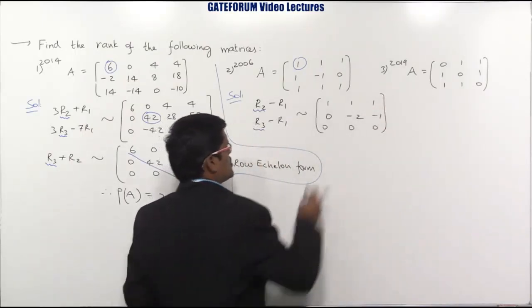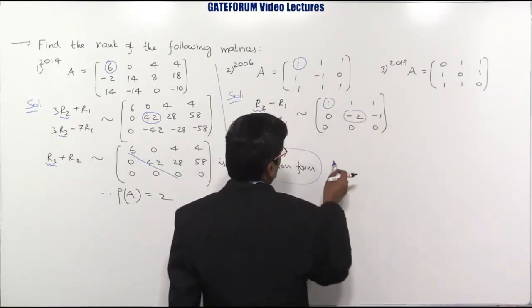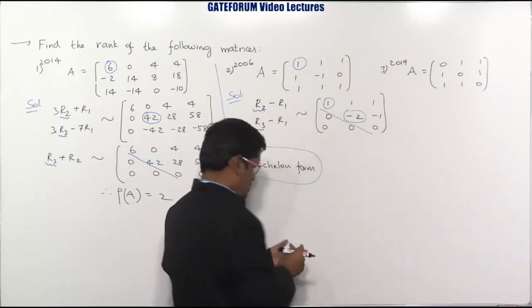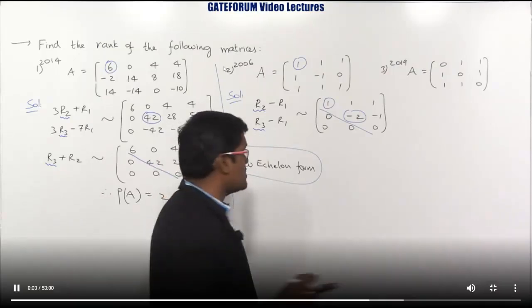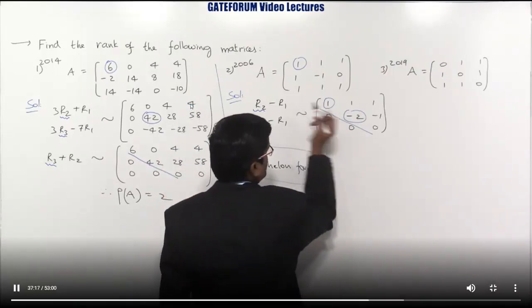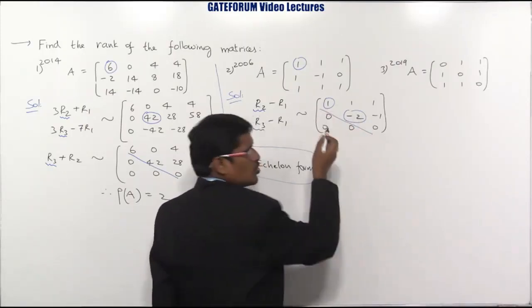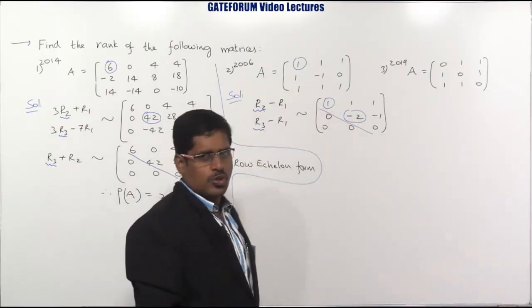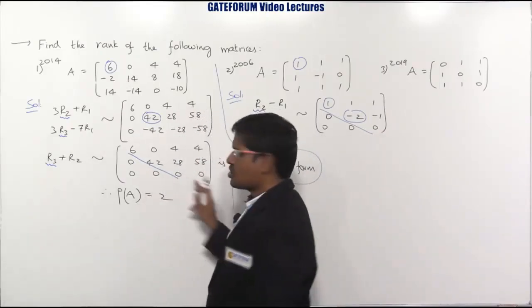So, this is the first non-zero element in the first row, the first non-zero element in the second row, below the diagonal 0. And I can show my second condition of row echelon form is satisfied. Before this one, no zeros. Before this, minus 2, the first non-zero element, 1, 0. So, zeros increase from first row to second row to third row. The last row containing zeros. Here also the last row contains zeros.